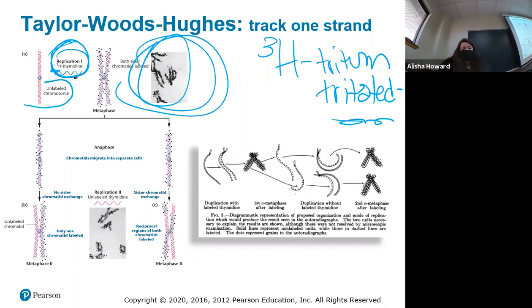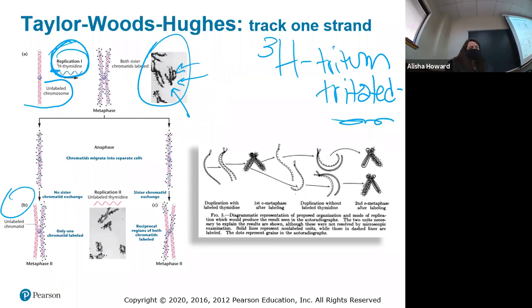But after a second round of replication, in part B on the left, this time in the absence of the tritiated thymidine, only one chromatid of each chromosome is expected to be surrounded by grains. These little speckles correspond to a reaction of a burst of light on the autoradiogram, and they're called grains. Let's say labeled molecule.